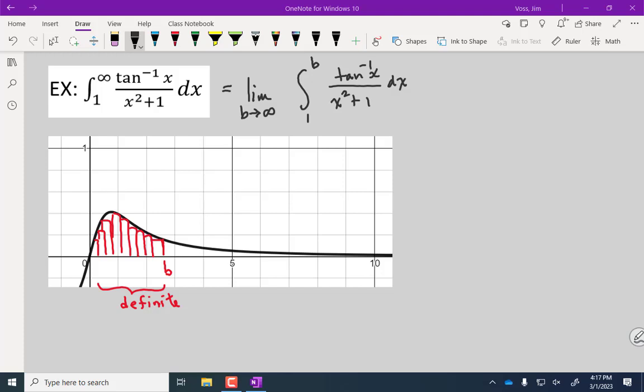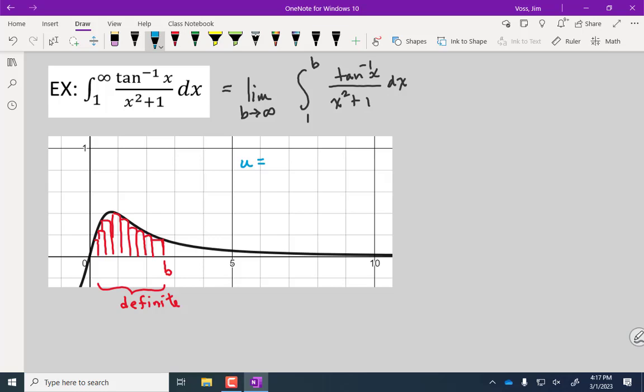Okay, so let's go through the U sub if you haven't already gotten through it. When you're thinking about U sub, remember that whatever you let U be equal to, the derivative has to be in the integrand. So there's really only two choices here: U equals the denominator or the numerator.